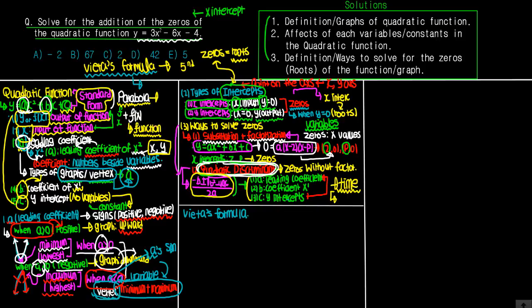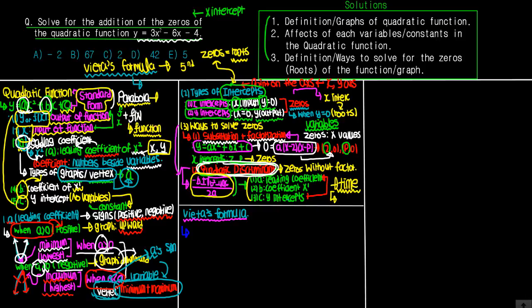And in a future video, I'll be able to prove why Vieta's formula became the actual formula that we apply in our quadratic function systems, especially in finding the zeros. So Vieta's formula is formed by two different things.